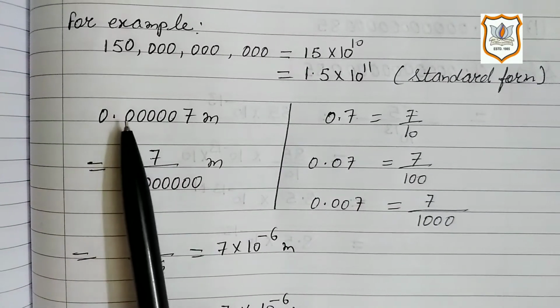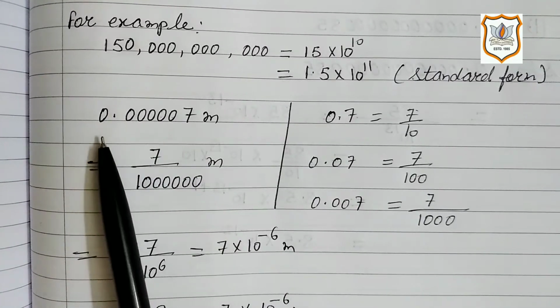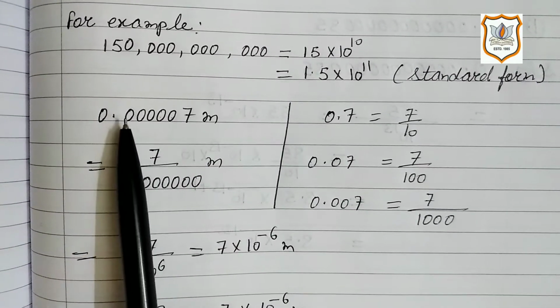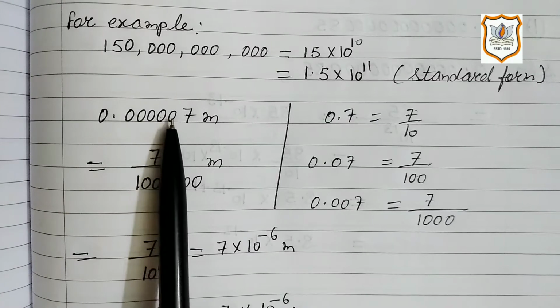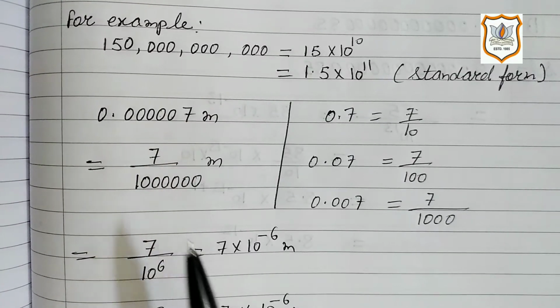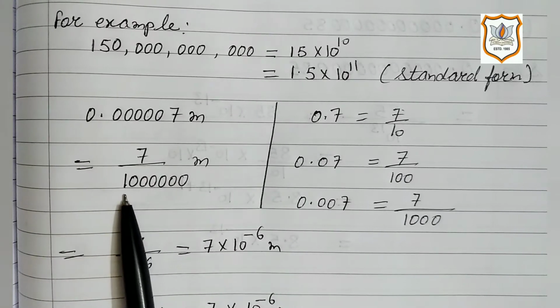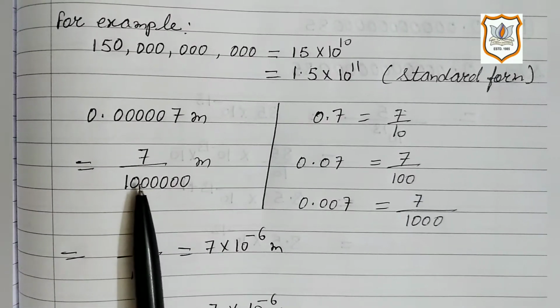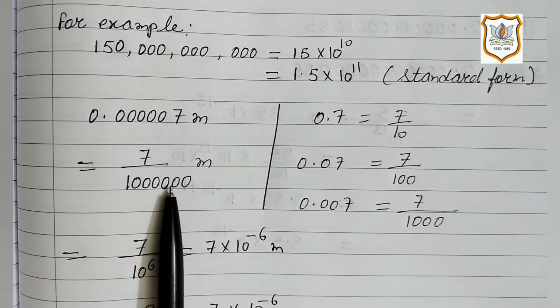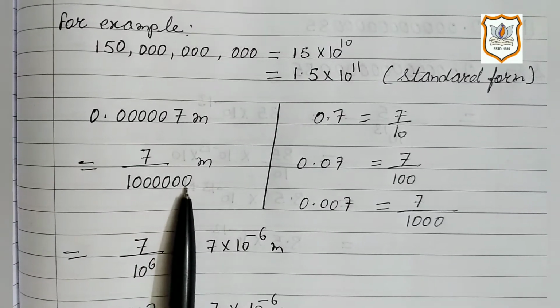Same here, how many digits after the decimal point? Count 1, 2, 3, 4, 5, 6. 6. So we write 7 upon 1 with 6 zeros: 1, 2, 3, 4, 5, 6.